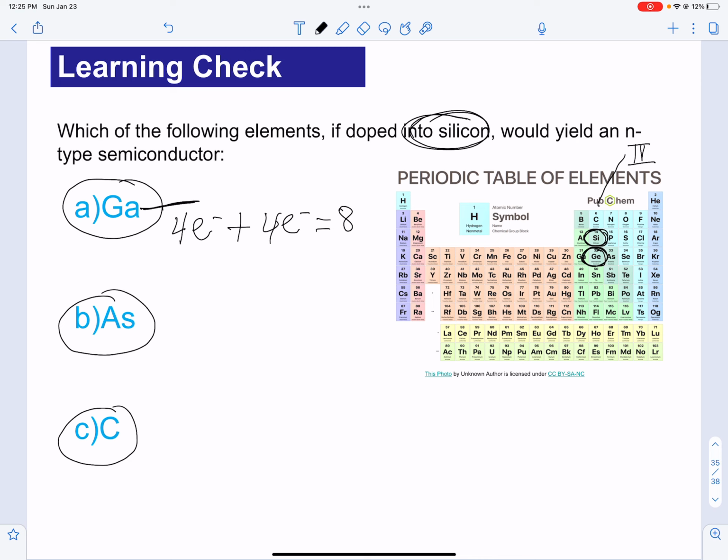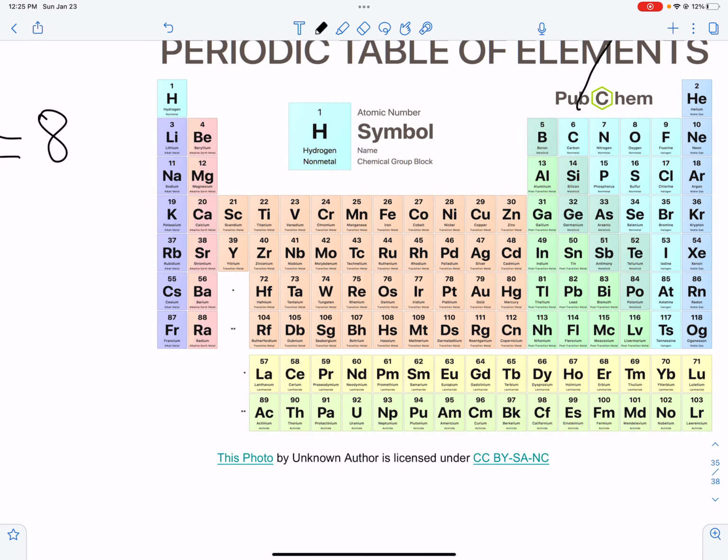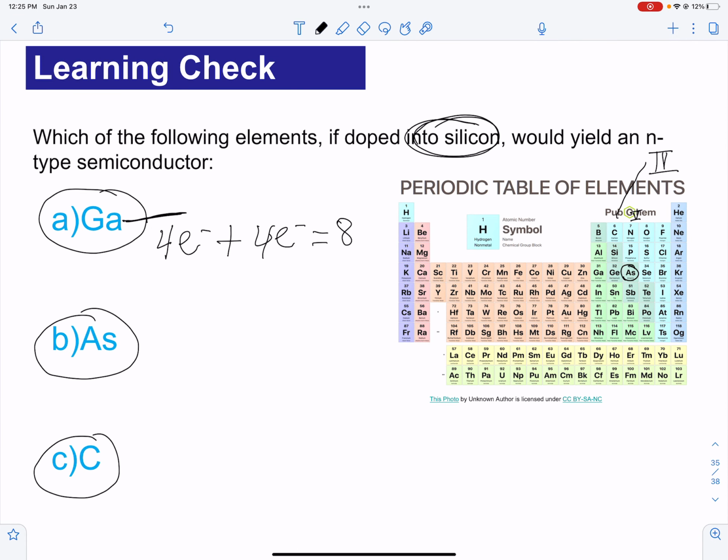What about arsenic? Arsenic, you're going to find it here, which is group 5. Therefore, arsenic is going to have 5 valence electrons.